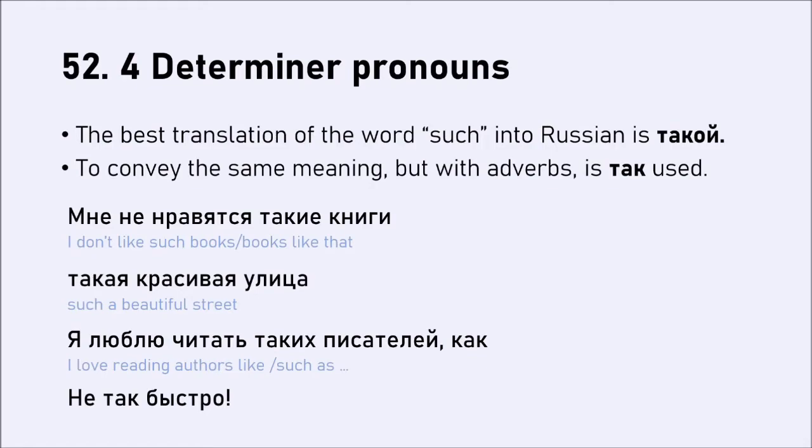Быстро is an adverb. Yes, remember lesson 32. And then так is what we use with adverbs. So not so fast. If someone is speaking very quickly to you in Russian, you can say, if it's a relatively informal situation, не так быстро, not so fast. I suppose you could say this on the street as well. But anyway, that's the difference.